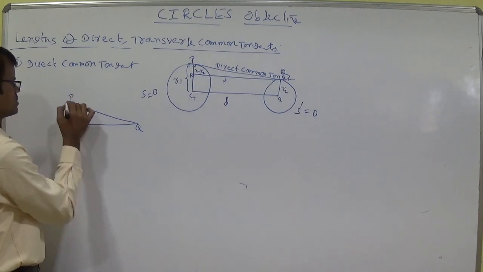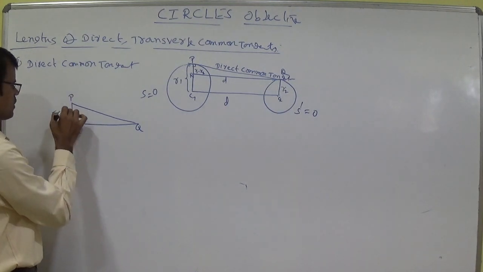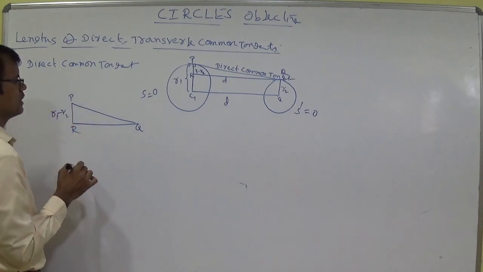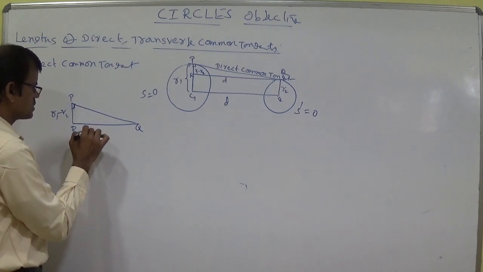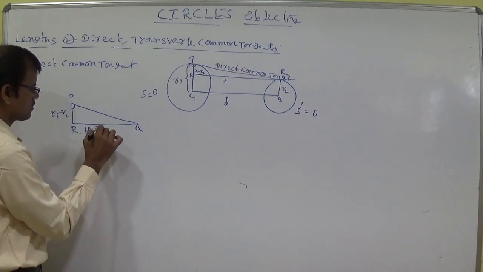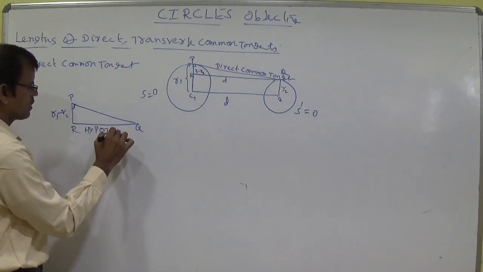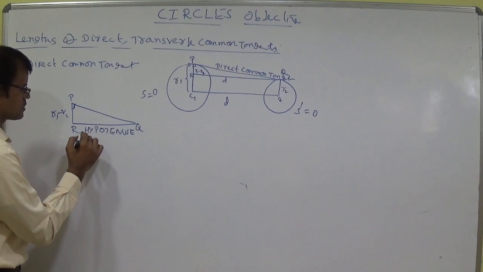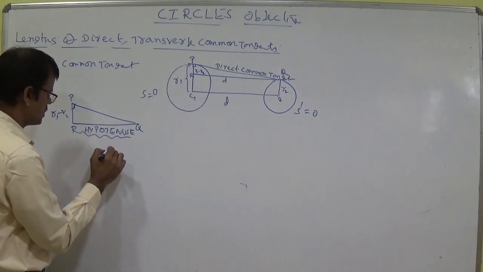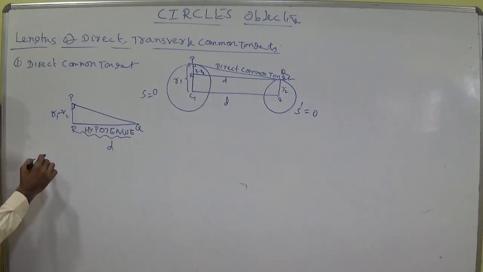This is P. PR is R1 minus R2. Here it is 90 degrees. In the right angle triangle, the side opposite the right angle is the hypotenuse, and the hypotenuse is D here. This is R1 minus R2.